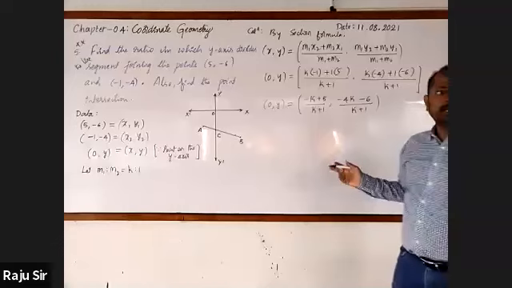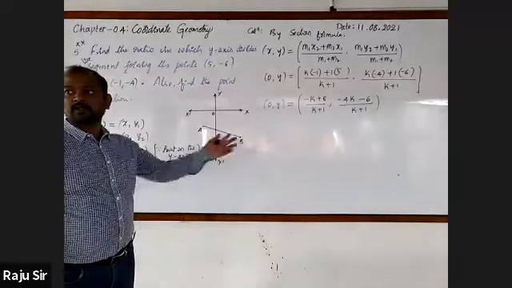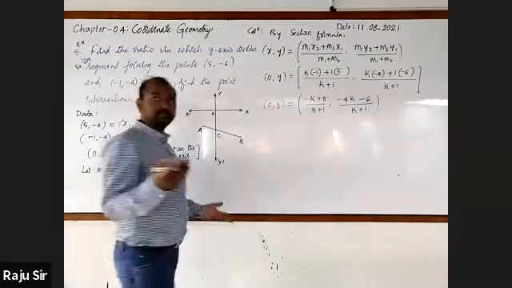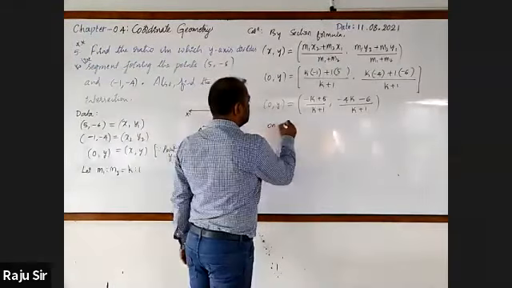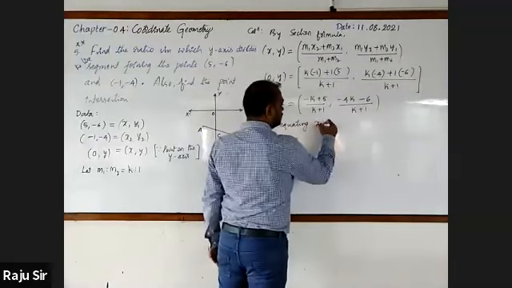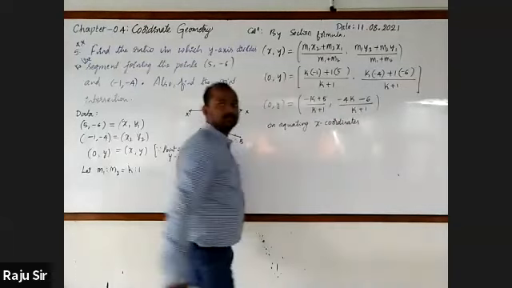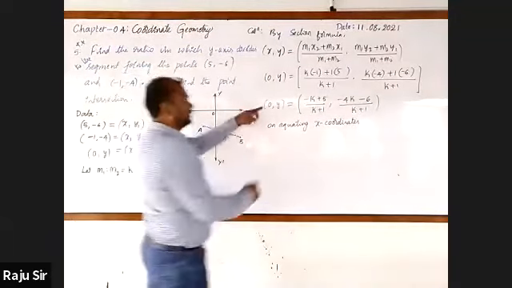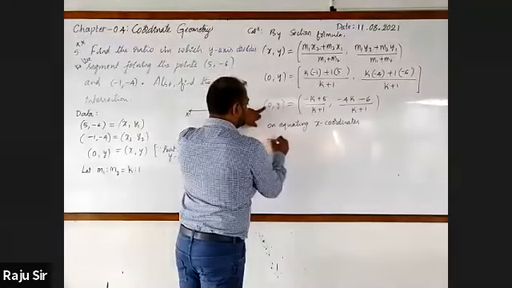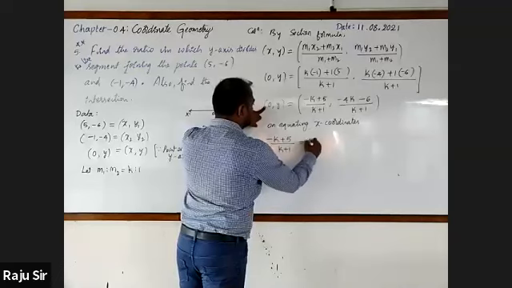Whether you go for equating the x coordinate or the y coordinate, anyone can be taken. As you said, I'll go for taking the x coordinates. On equating x coordinates, (-K plus 5) by (K plus 1) equals 0.